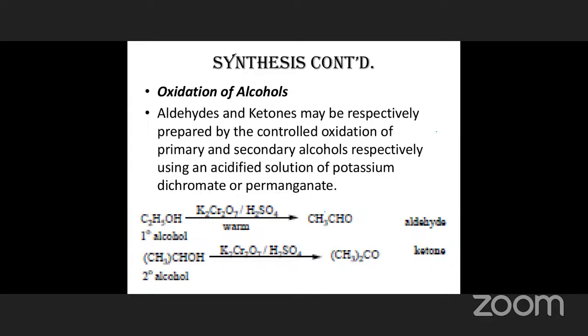If it is attached to 2 carbon atoms, it's secondary. If it is attached to 3 carbon atoms, it is tertiary. If you've forgotten that, please go look back at your slides so that you do not mix it up.